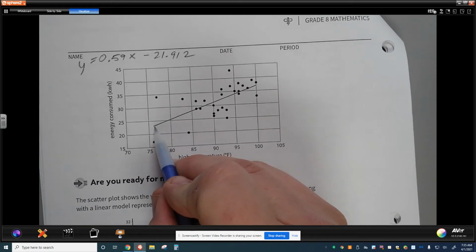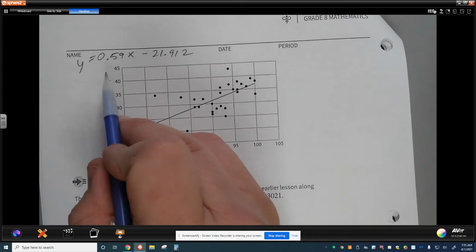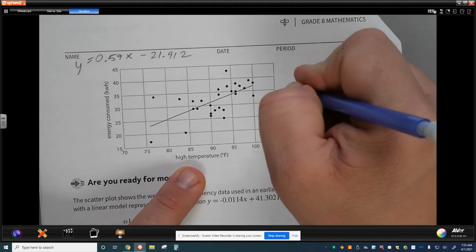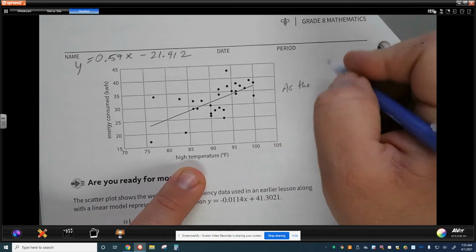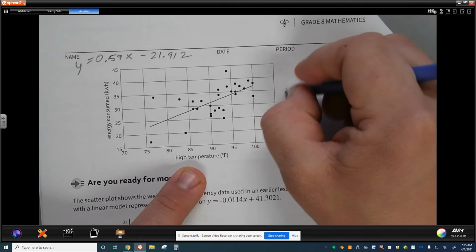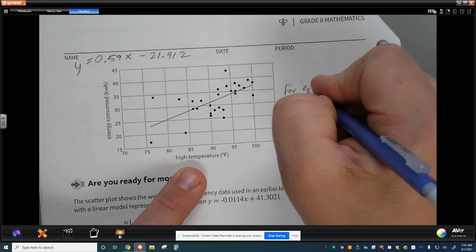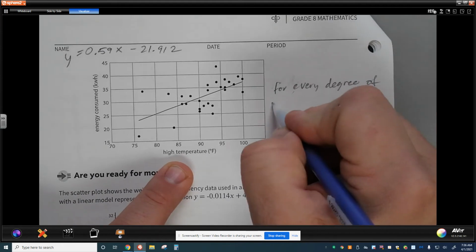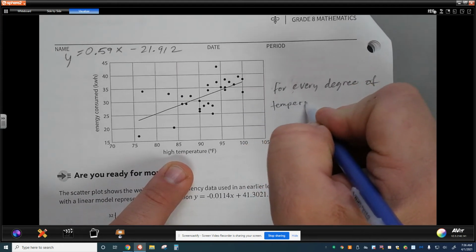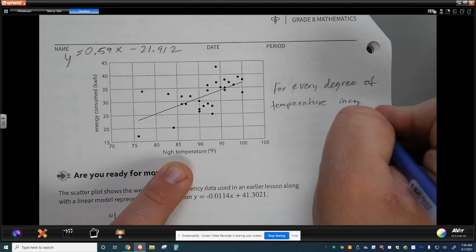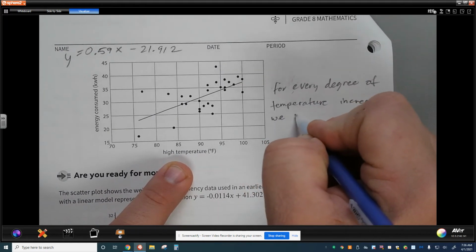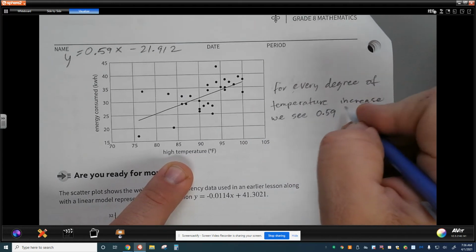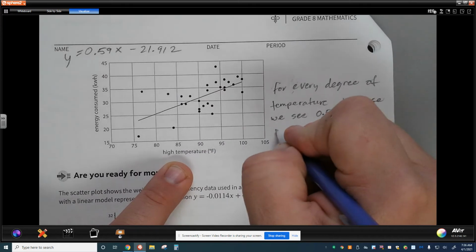And when this comes into play, what we're looking at is we do see that slow increase. In fact, what we're seeing with this is as the high temperatures increase, for every degree of temperature increase, we see 59 hundredths kilowatt hours used.